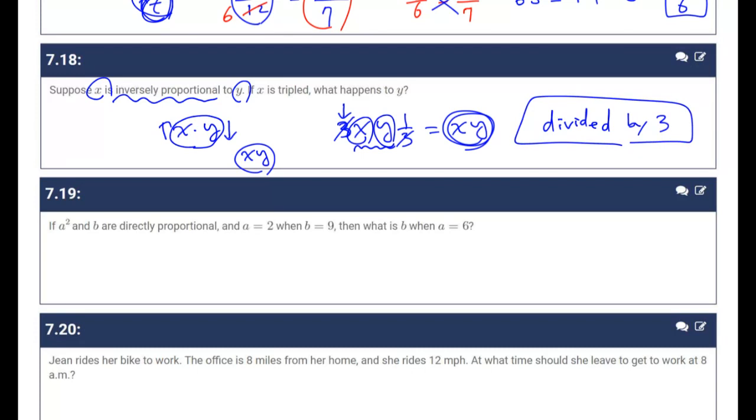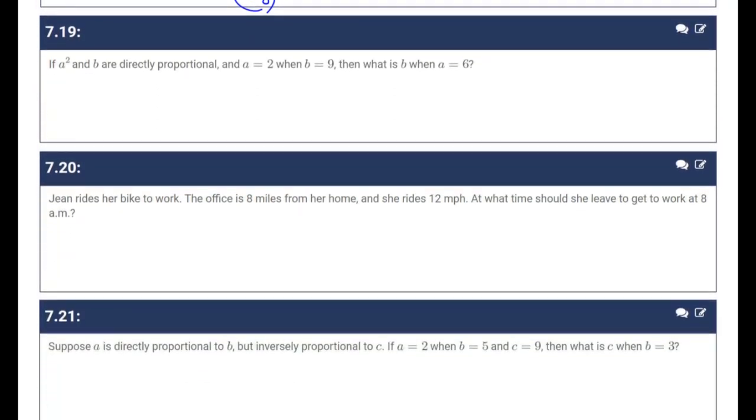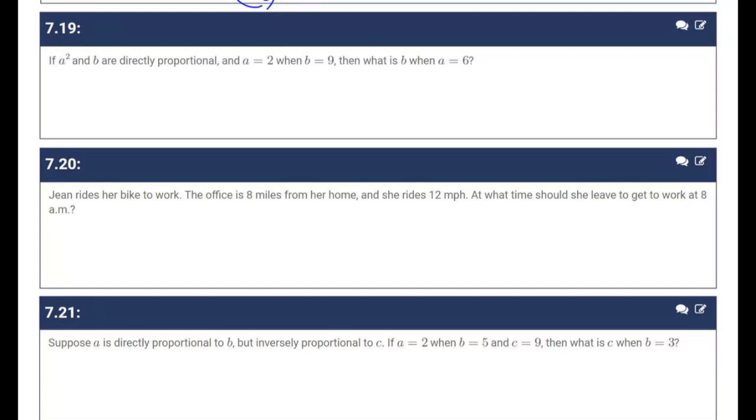Now for number 7.19, it's direct proportional, but you got to be careful. It's not just a, but a square and b, right? So a square over b will be directly proportional, right? Now when a is 2, b is 9. So a goes on the top, but don't forget to square it, right? And b equals 9.